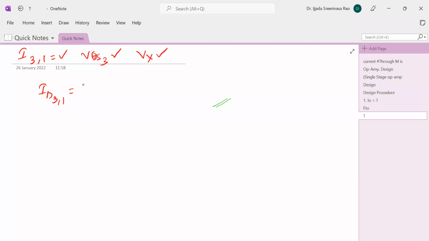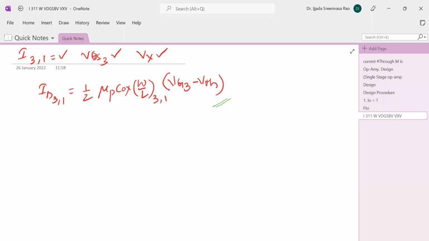What is the formula? Half is multiplied with, there are two transistors, M3 is the PMOS and M1 is the NMOS. You can write for anything, no problem. If you want to write for PMOS, so mu P COX, W by L of 3,1 into VGS minus VTH whole square. Am I right? This is the saturation current equation.